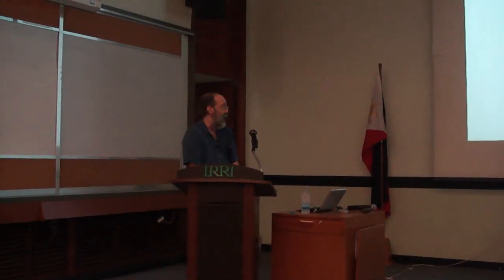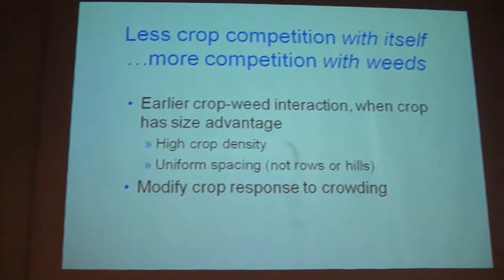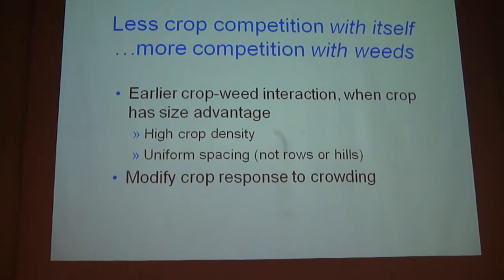have those crop seedlings not interacting with each other and suppressing the growth of their fellow wheat or rice plants, but rather interacting with weeds and suppressing the growth of those weeds. And to do that, he suggests a combination of high crop density, something that we've been doing for various reasons, but also very importantly, uniform spacing of the crop plants.